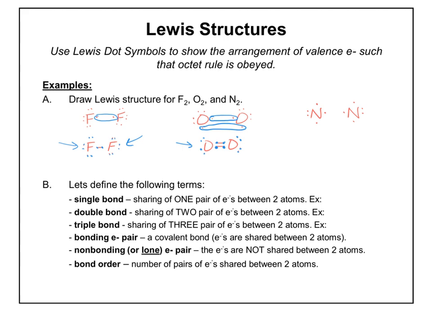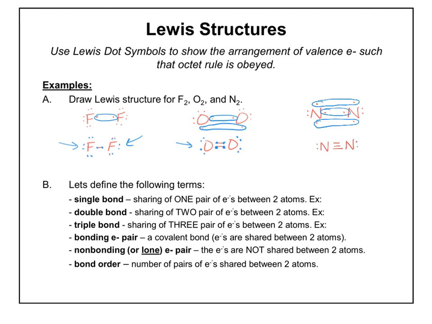So what it's going to do is share 3 pairs of electrons. So let's draw the Lewis structure correctly by putting 3 lines in between to represent that triple bond. And then I have a pair of electrons remaining on each nitrogen that are not bonded to anything else.